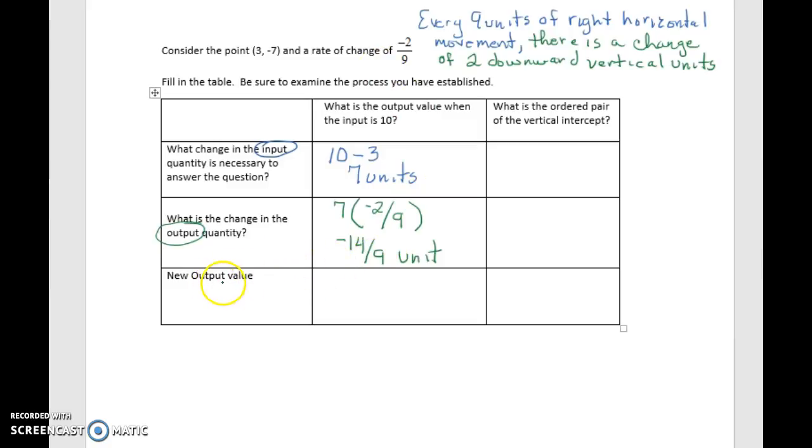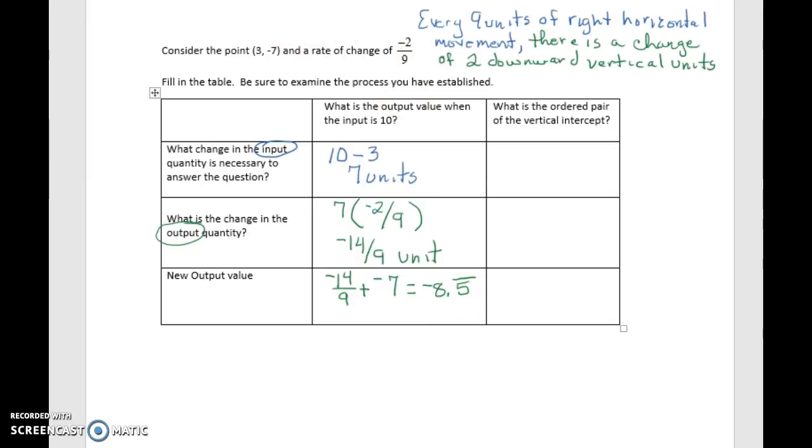And so our new output value is going to take where we went. Using this change, we have -14/9 plus a -7, because that's where we were at. That's a reference output. That ends up with us being at -8.5 repeating.